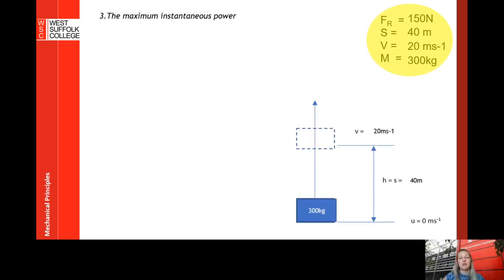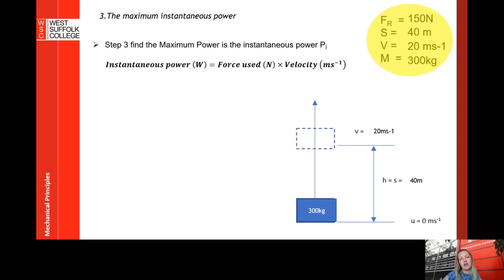So the last part is we need to work out the maximum instantaneous power. And to find this, we can use the instantaneous power equation, which we covered earlier. That just so happens to be our power is equal to the force used times particular velocity, all of which we know. So this is quite a simple one.